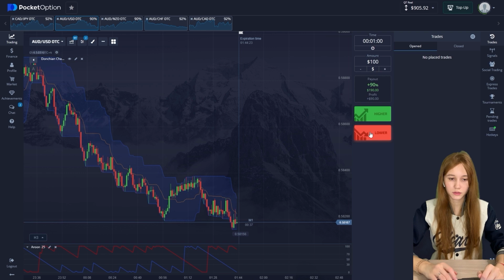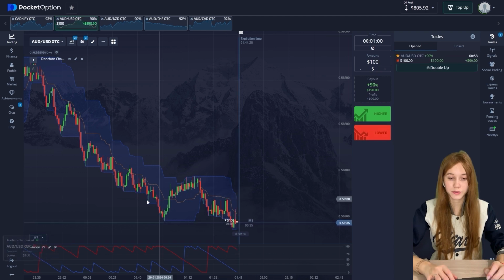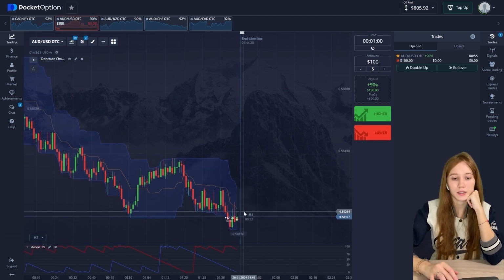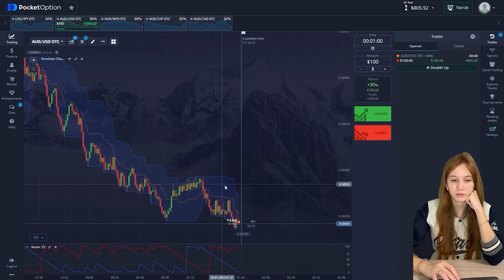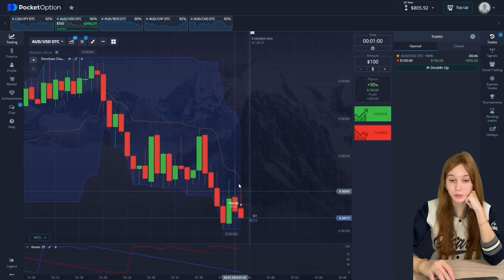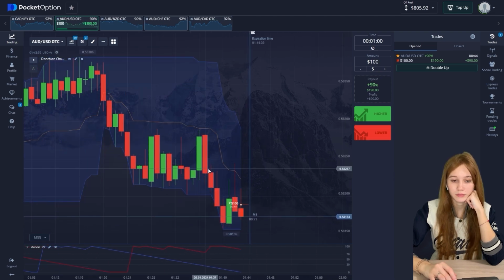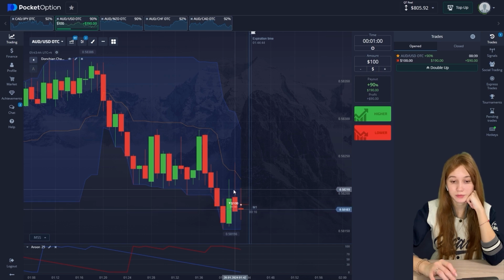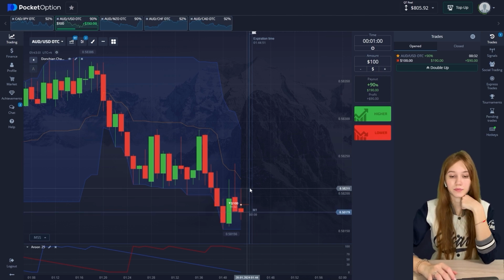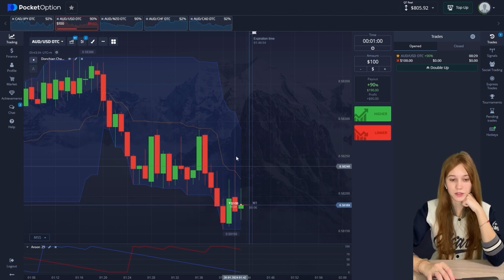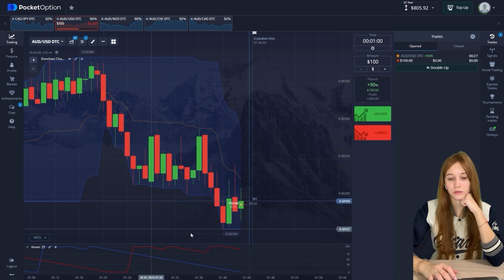Here we are. Let's open up and down and we start our general analysis. We see some recovery, but the downward trend still prevails. According to the shadows, we can see that a downward trend is clearly predominant. On the Donchian channel we see the moving lines are also in the lower position.